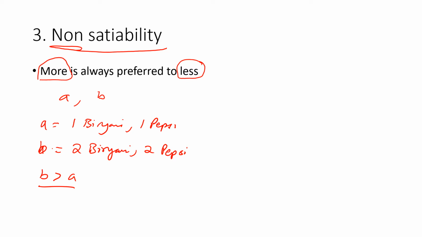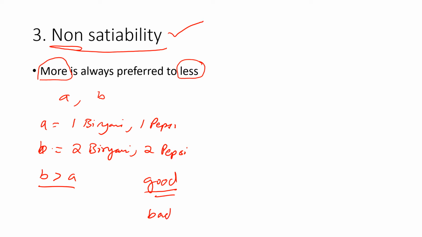And this also defines the nature of the good, whether a certain commodity is a good or a bad. What is a good? Basically, a good is defined by this property, the property of non-satiability. We say that something is a good if more of it is preferred to less.